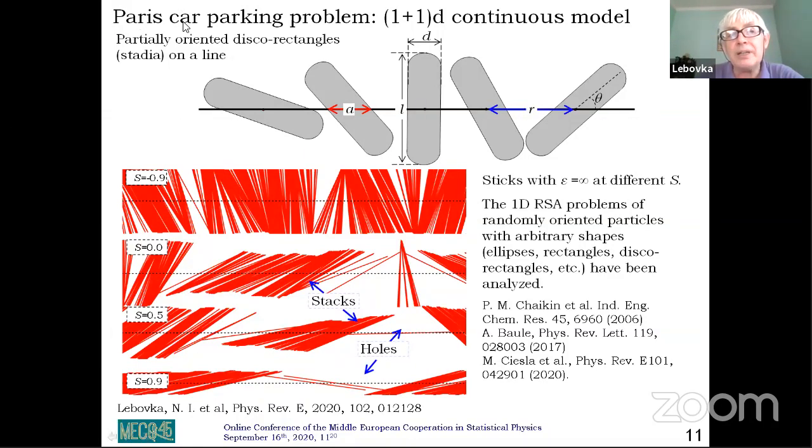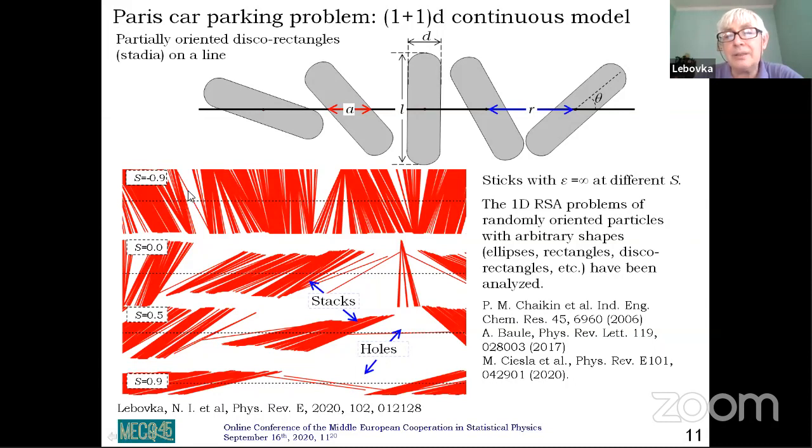It's the famous Rényi car parking problem. For example, you can imagine this shape represents a car. A car can be parked along the route. The orientation of the car can be different, and the problem is how many cars can be parked on the line.